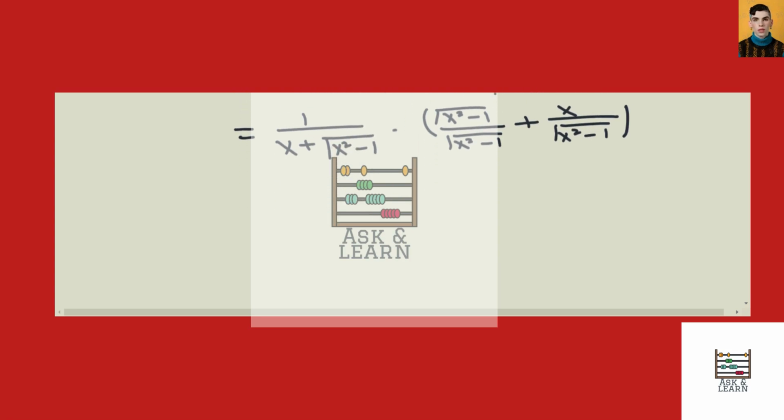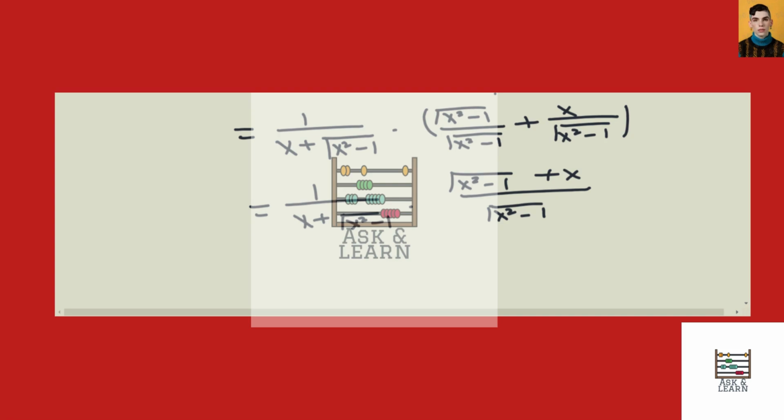So here we got, copy this down as usual, the square root of x squared minus 1 plus x over the square root of x squared minus 1, right?